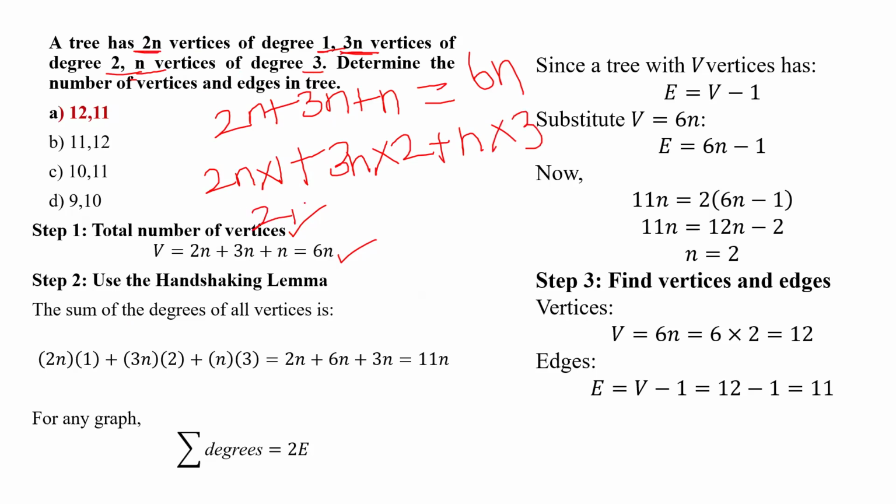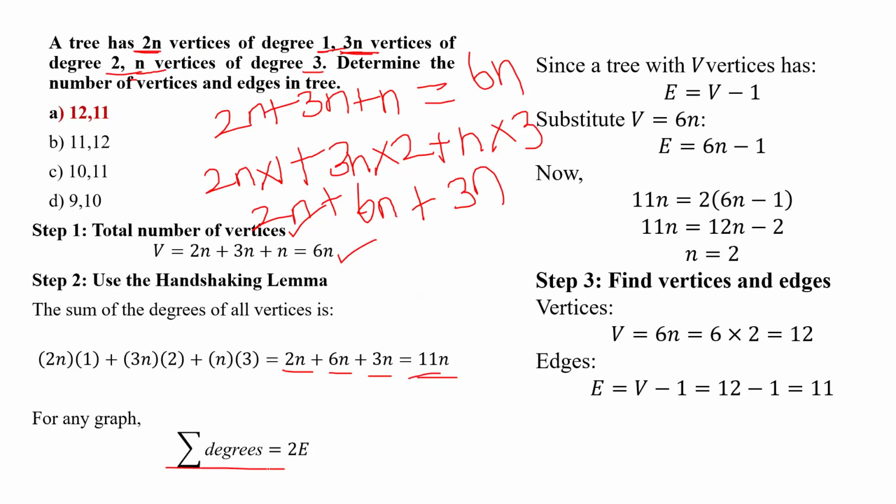This is 2n plus 3 into 2, 6n, plus n into 3, 3n. So you can see 2n, 6n, 3n, total 11n we got. Again I'll tell you, in step 1 we found the number of vertices only. After that, using the handshaking lemma, we calculated with degree and got 11n.